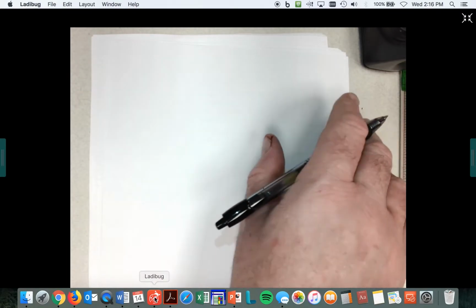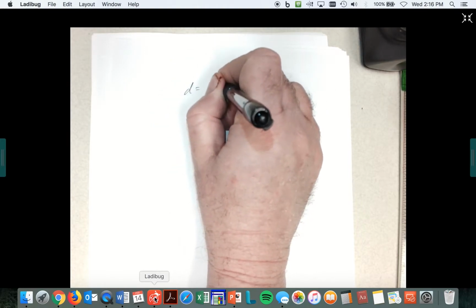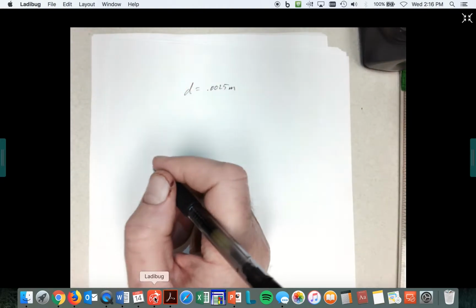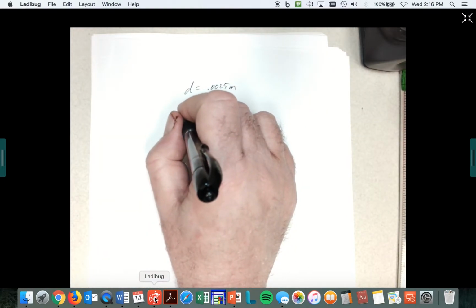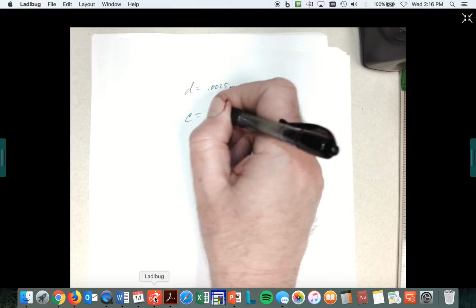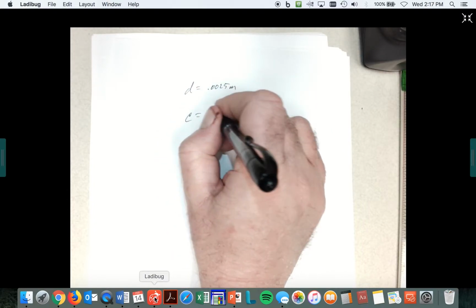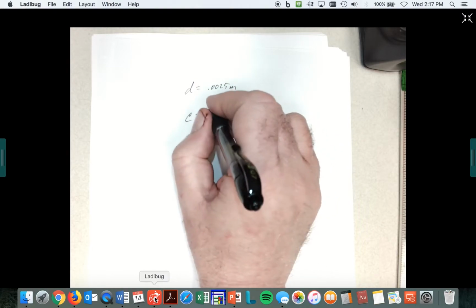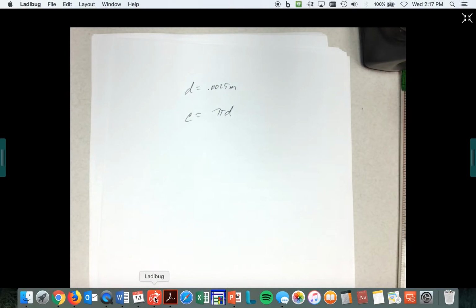And so we should probably get used to this. They're saying the diameter was equal to 0.0025 meters. Okay, well, the circumference is equal to 2 pi r, right? 2r times pi, so pi d. That's the circumference.